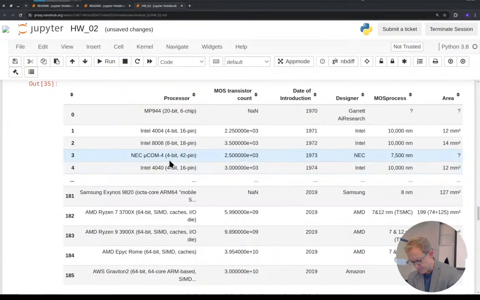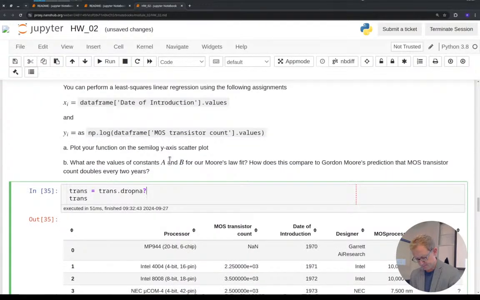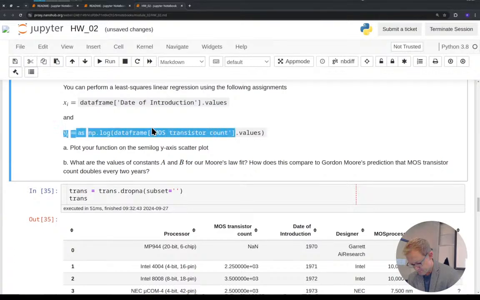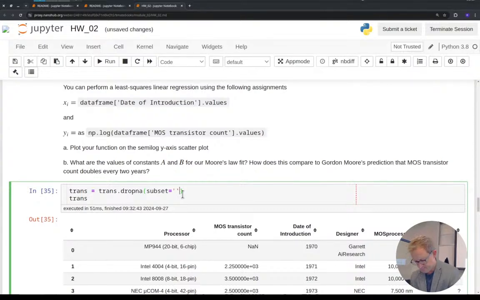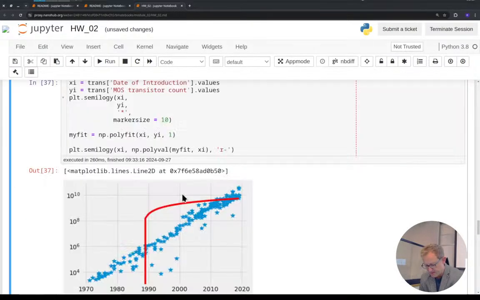That's the word I'm looking for. So I'm trying to get this into the right format, remove the NA values, and see if that works.